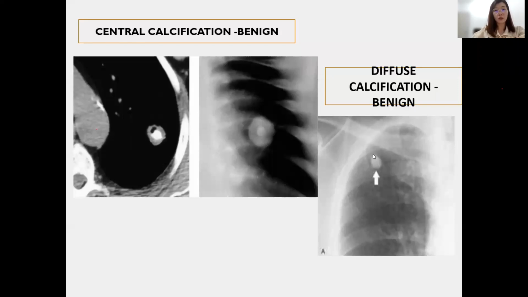So when you see a nodule on X-ray, perform a CT. When you find the central calcification plus fat density here, why do I know it is fat density? Because on my console, I can always check the radial density with just one button. Okay, so if it is present, it's confirmed hematoma, and for this nodule, no need for follow-up anymore.